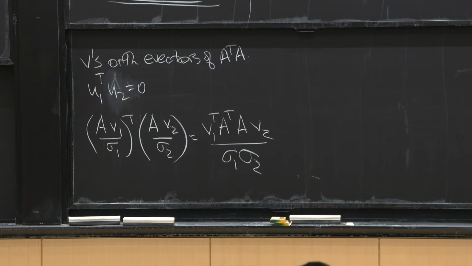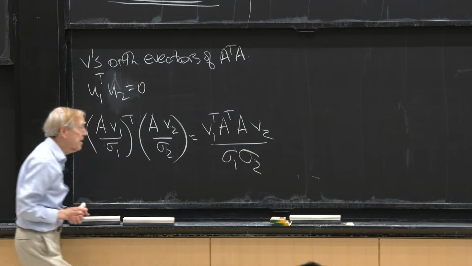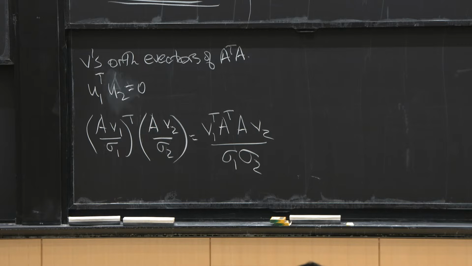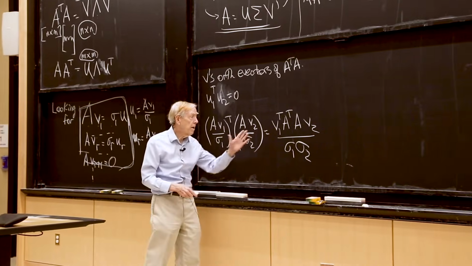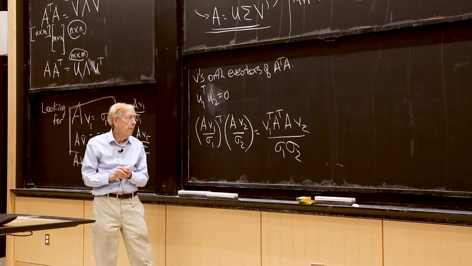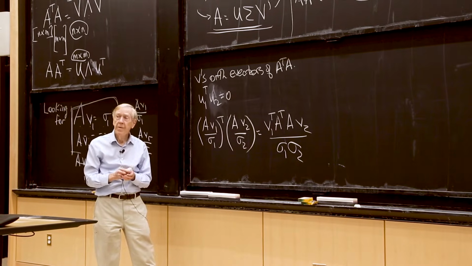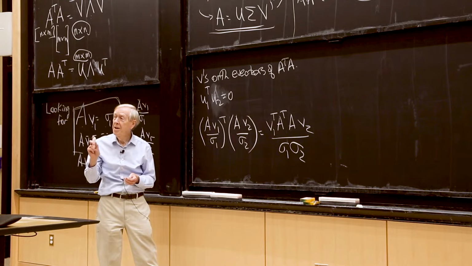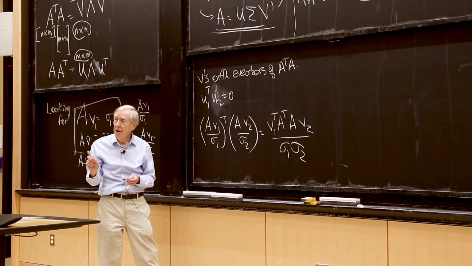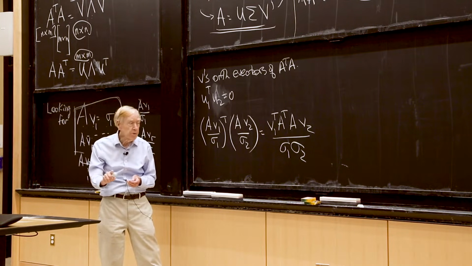You hope so. V1 is orthogonal to V2, but I've got A transpose A stuck in the middle there. So what happens here? How do I look at that? V2 is an eigenvector of A transpose A.